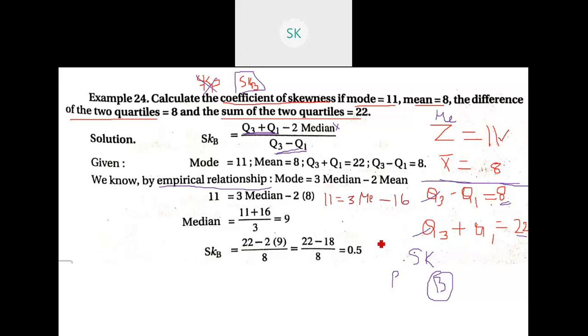Now I will take the minus 16 to the other side, so it becomes plus 16. 11 plus 16 is equal to 3 into median. If I take 3 to the other side, it becomes division: 11 plus 16 by 3 is equal to median.